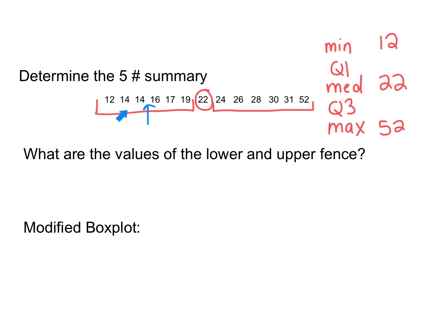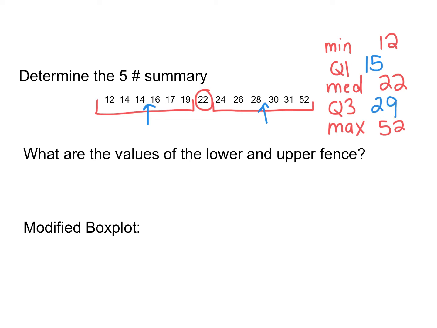Another way of stating this is I'm looking at just my lower half. These 6 numbers, there are 2 smack in the middle, so I need to find what's in between them, and that would be 15 for quartile 1. For quartile 3, that's between 28 and 30, so that would be 29 for quartile 3.